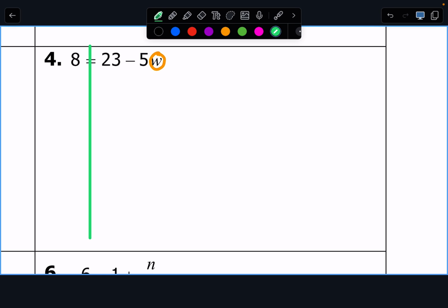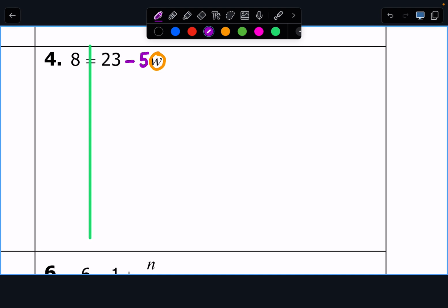So here's the deal. First of all, I want to know which number we need to move first. 23. We need to move our 23 first. However, this minus sign right here, who does the minus sign belong to? The 5. The minus sign belongs to the 5. Which means, what is in front of 23?